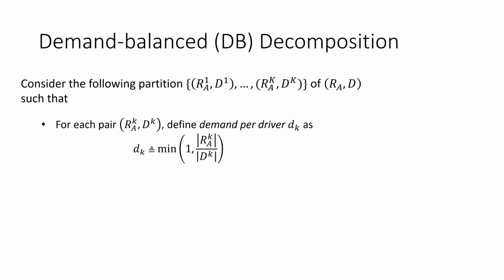First, for each pair, we can define the demand per driver, which equals the ratio between the number of riders over the number of drivers in this pair. Without loss of generality, we can index those pairs such that their demand per driver is weakly increasing.